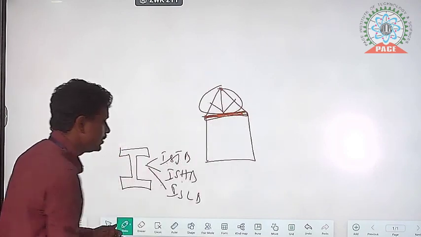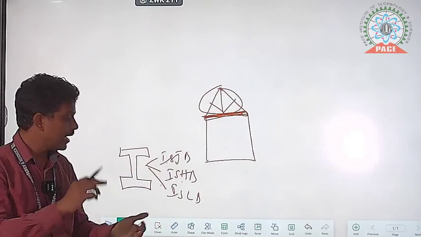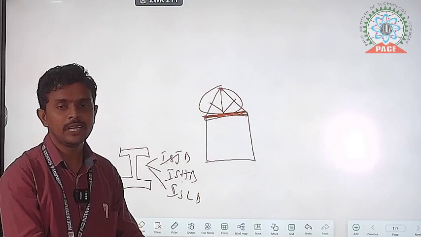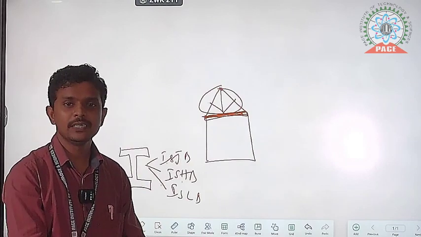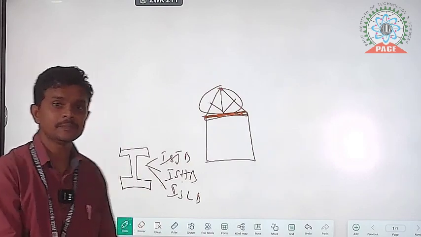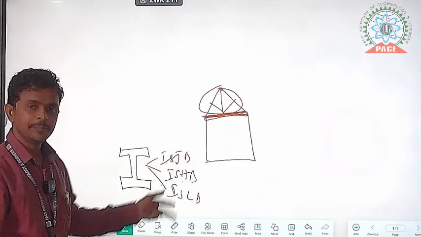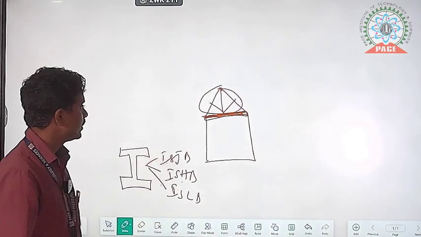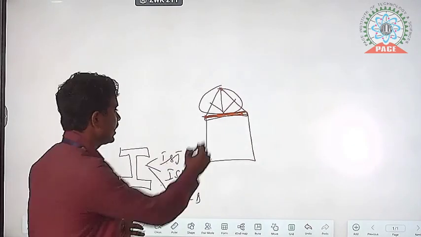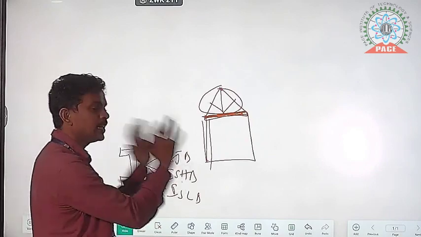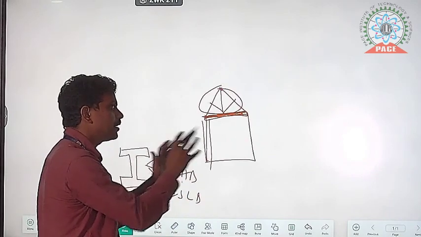So we have to check it in the shear part, in the deflection and in the bending. If it is not suitable, then we have to take another beam. Like that we have to select the beam or column, whatever it may be. We first take any one column, and if it is fit or not, we have to check it before we place. If it is safe, then we can go for the next one.